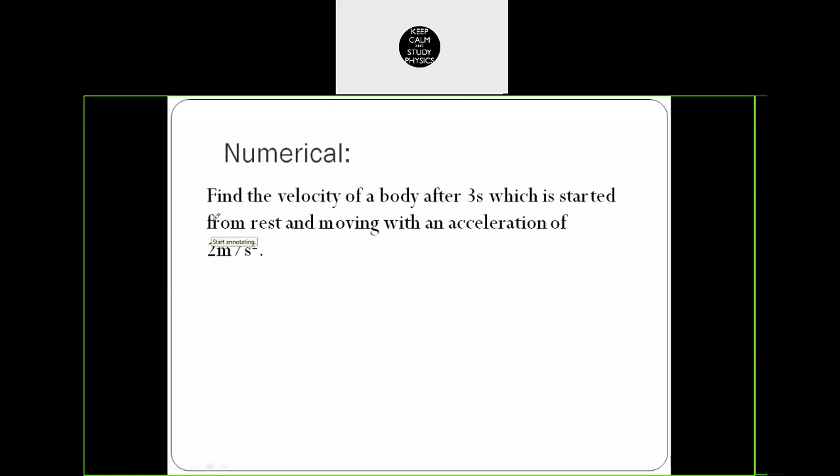Find the velocity of a body after 3 seconds, which started from rest and is moving with an acceleration of 2 meter per second square.